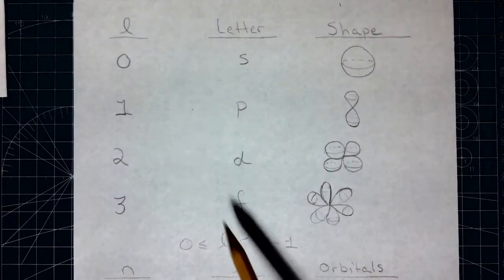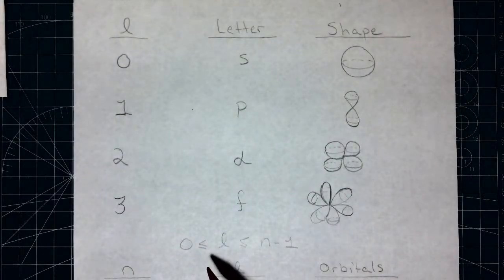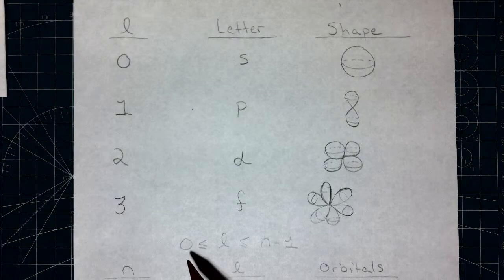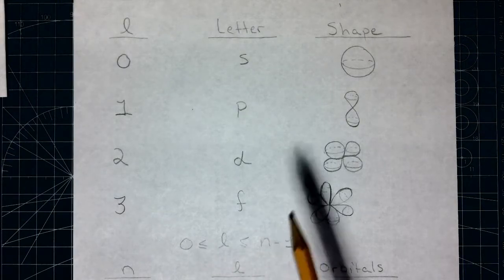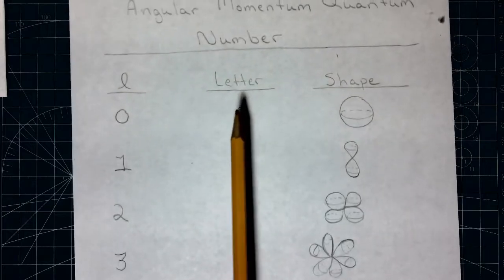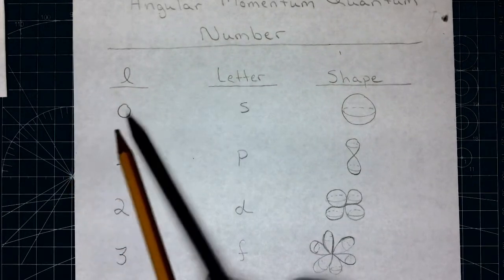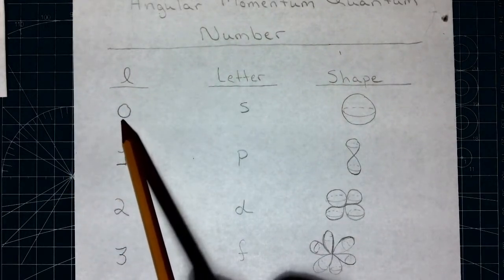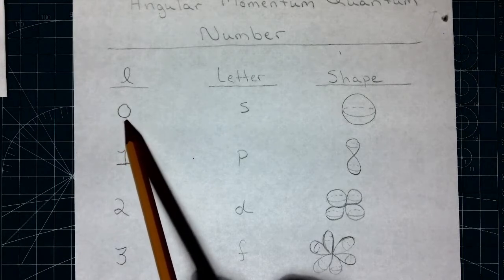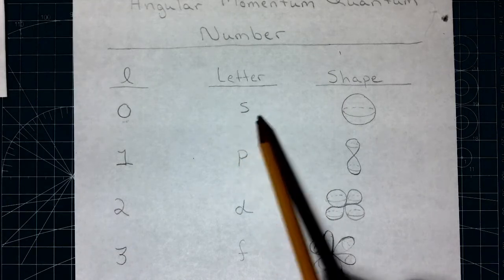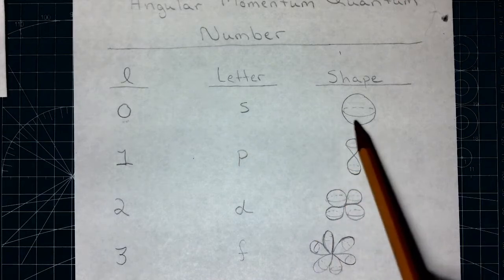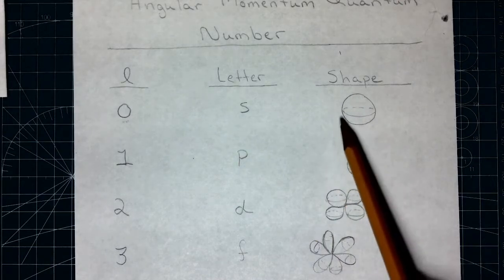So acceptable values for l depend on which energy level you're in, and it's going to vary from 0 up to n minus 1. So when n is equal to 1, the only angular momentum number we can have is 0. This corresponds to the letter s. We might say an s orbital. And an s orbital is going to have the shape of a sphere.